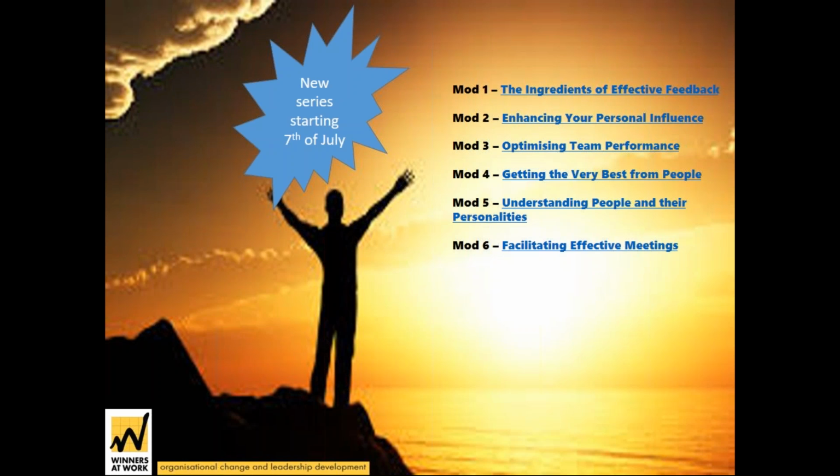I then asked you to try to use different forms of influence in Module 2 when you're trying to influence other people. And remember, we did the influencing capabilities profile, and it gave you a bit of a perspective about your natural influencing strategy.